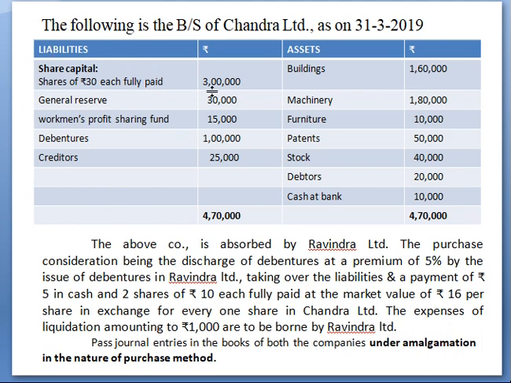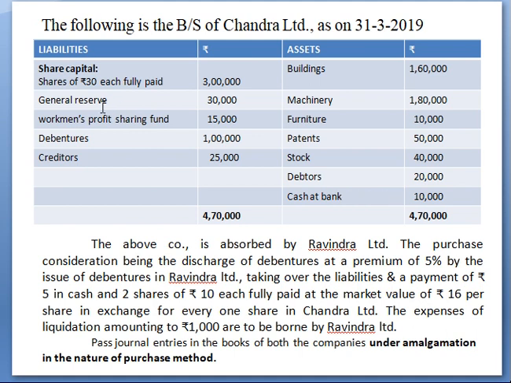So now your entry is assets account debit. Enter all the assets. Buildings account debit 1,60,000, machinery account debit 1,80,000, furniture account debit 10,000, patent account debit 50,000, stock account debit 40,000, debtors account debit 20,000, cash at bank account debit 10,000.